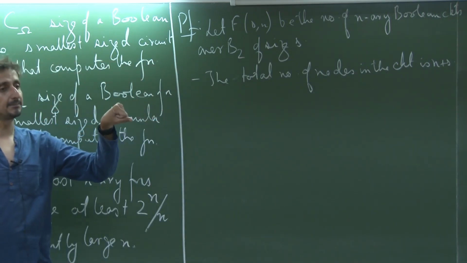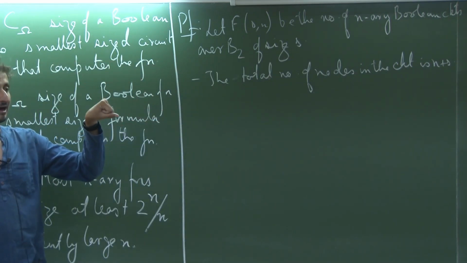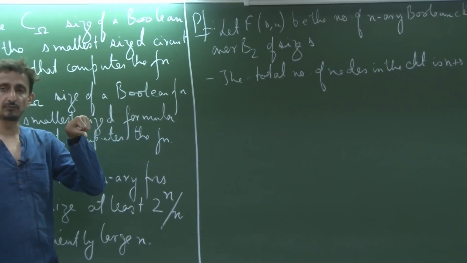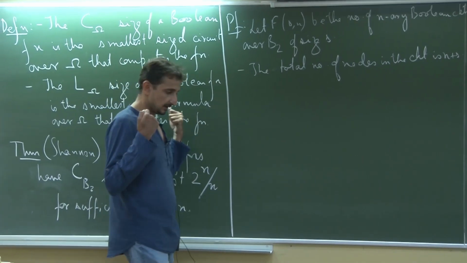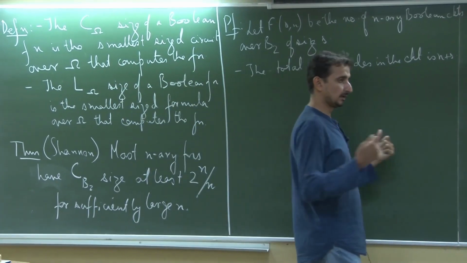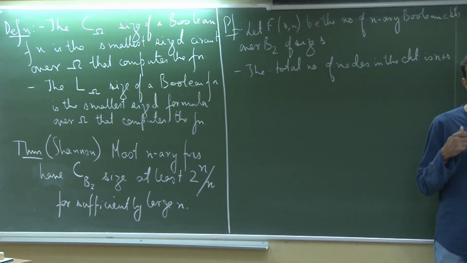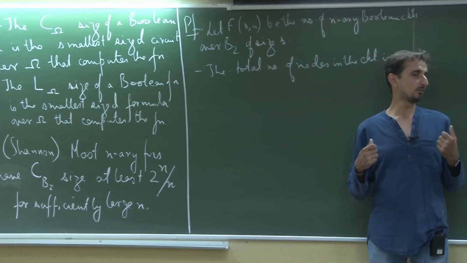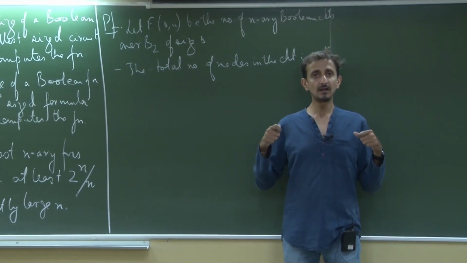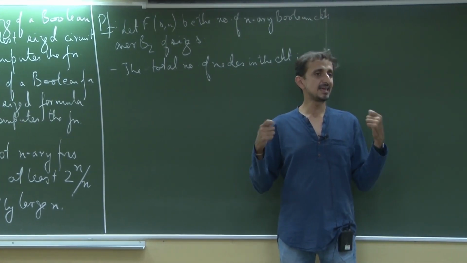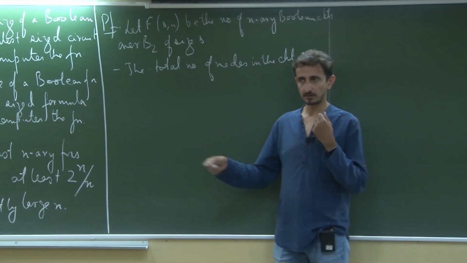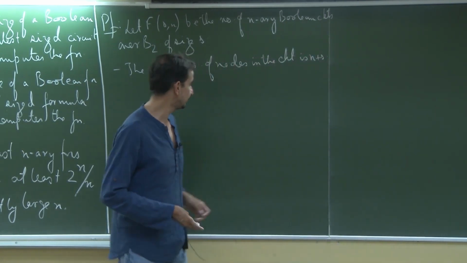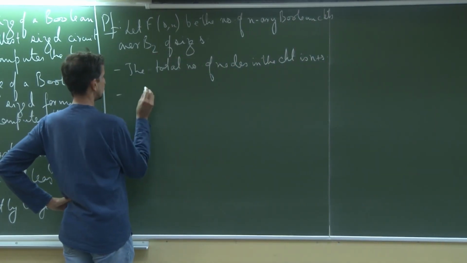Now, fix a gate. Let us take any particular gate. From how many gates can it take input? Each gate has 2 input wires coming to it, and each of those input wires can come from any of the other n plus s minus 1 nodes in this circuit, right.